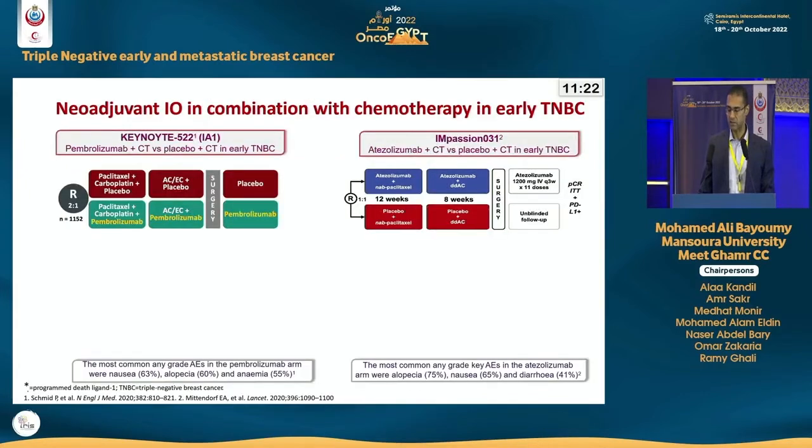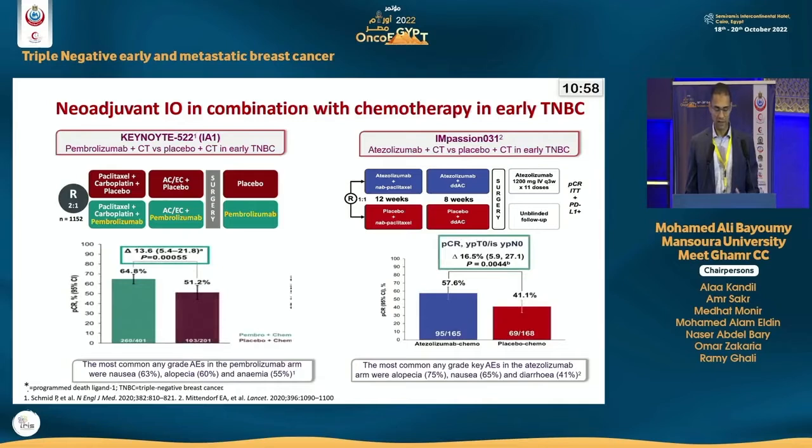This rationale was proved by two famous studies that all of us know, KEYNOTE-522 and IMpassion031. The first randomized patients to receive neoadjuvant pembrolizumab plus chemo, then continue adjuvant after surgery, and the other, atezolizumab plus nab-paclitaxel, then continue atezolizumab in the adjuvant setting for about 1 year.